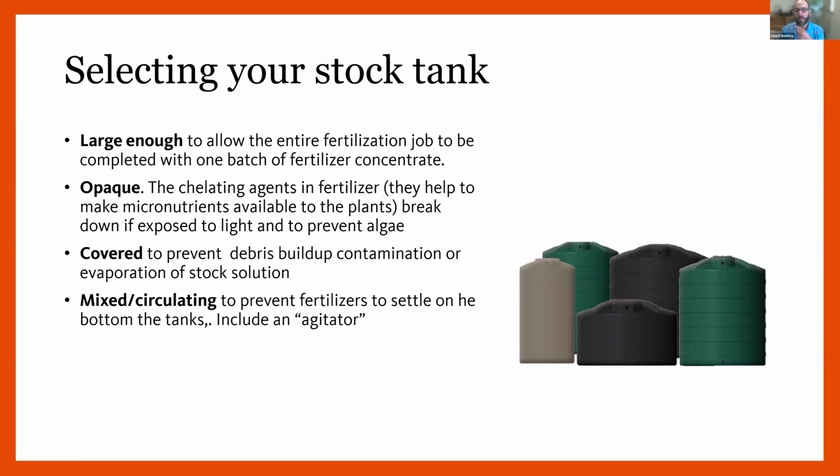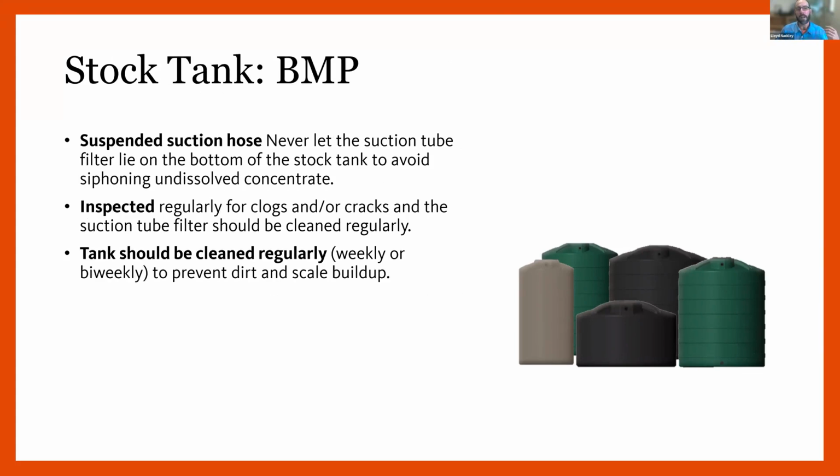So keep something that mixes. Agitated in your tank is best. The suspension hose should not be on the bottom because fertilizers can precipitate and settle out. And you should inspect it regularly, once a week. This is your lifeblood for your system. This should be a critical part of your production and not something that just gets left and not paid attention to.